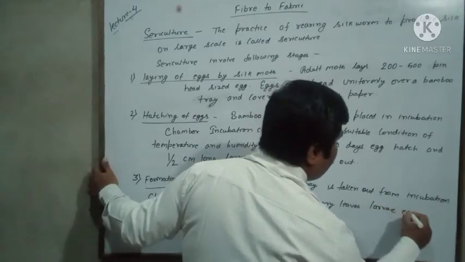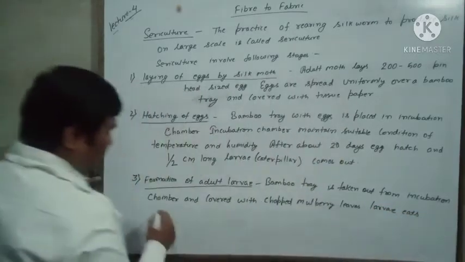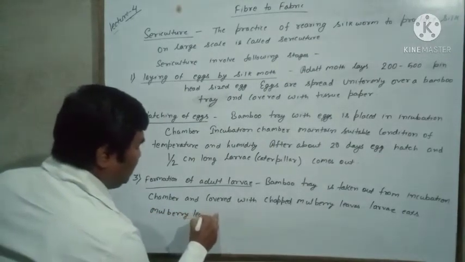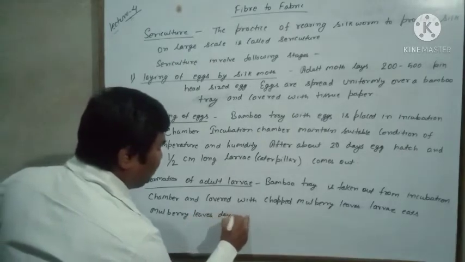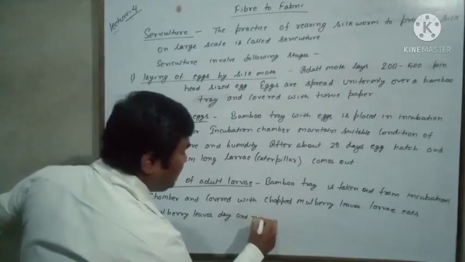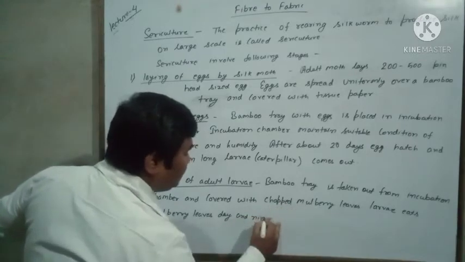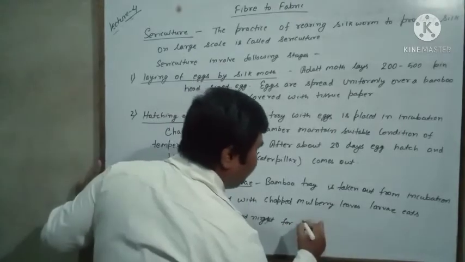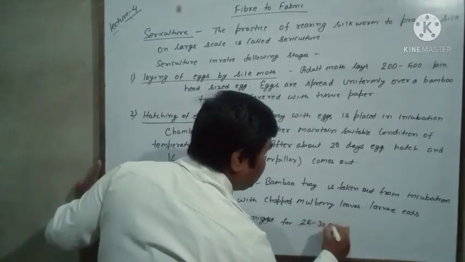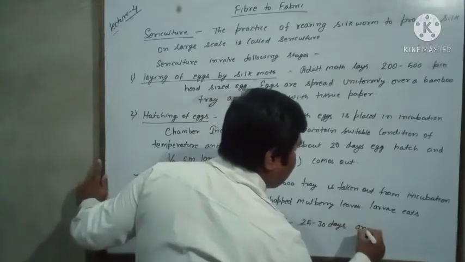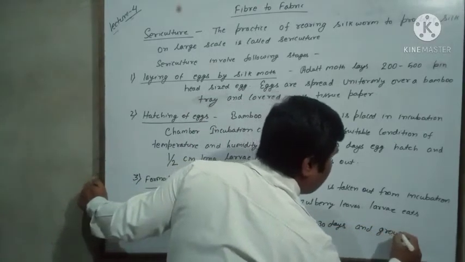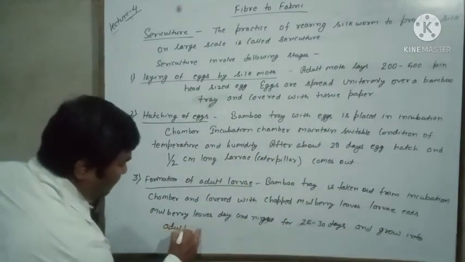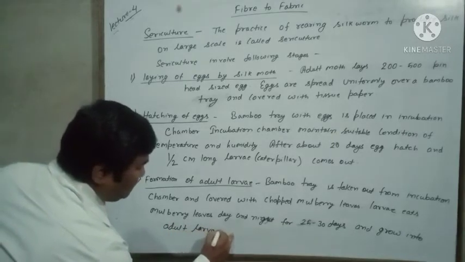Larvae eats mulberry leaves day and night, for 25 to 30 days and grows into adult larvae.